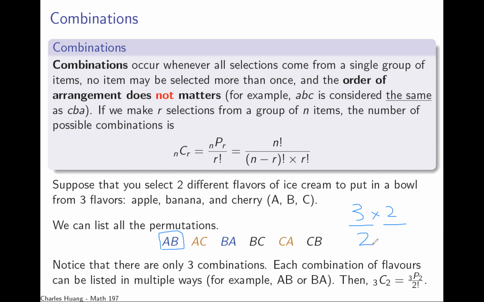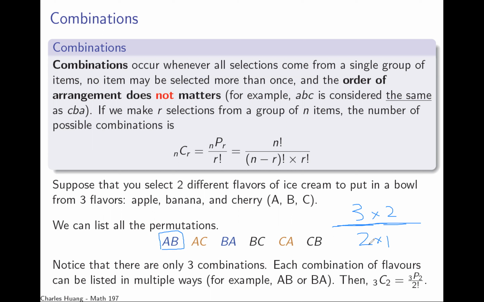So that means we have 2 times 1. I can rearrange the 2 different flavors in the 2 spots like so. In this case, we get 2 different arrangements. And that means we double count all the permutations, all the different outcomes that we found earlier.